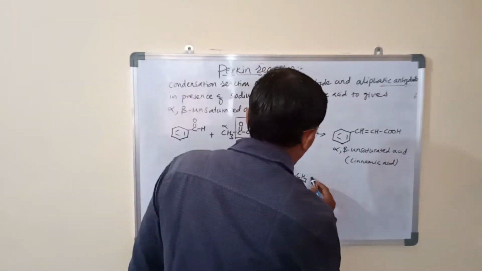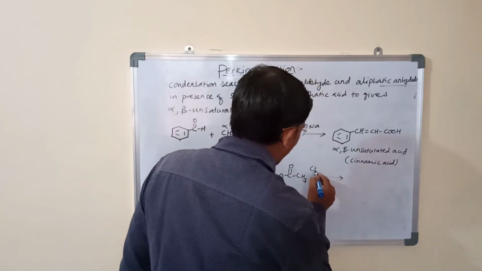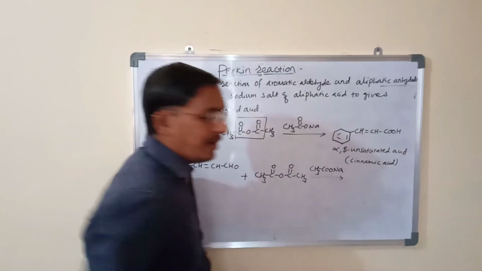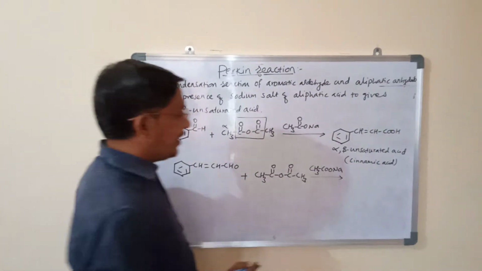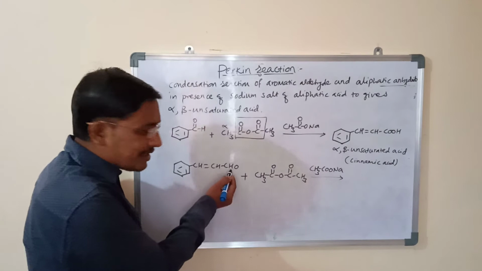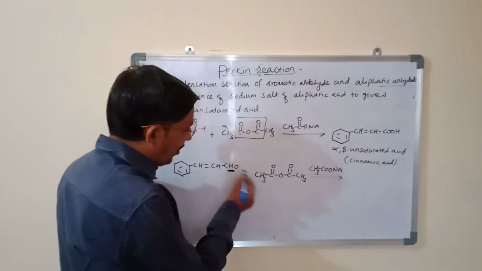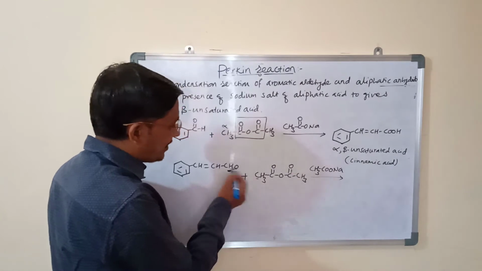Then, in the presence of the sodium or potassium salt of that aliphatic acid, the reaction takes place on this aldehydic functional group, and the bond is formed between this carbon and this carbon.